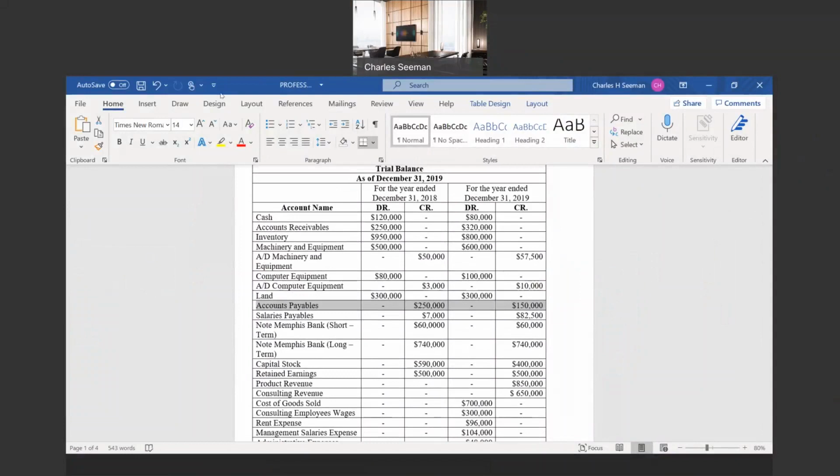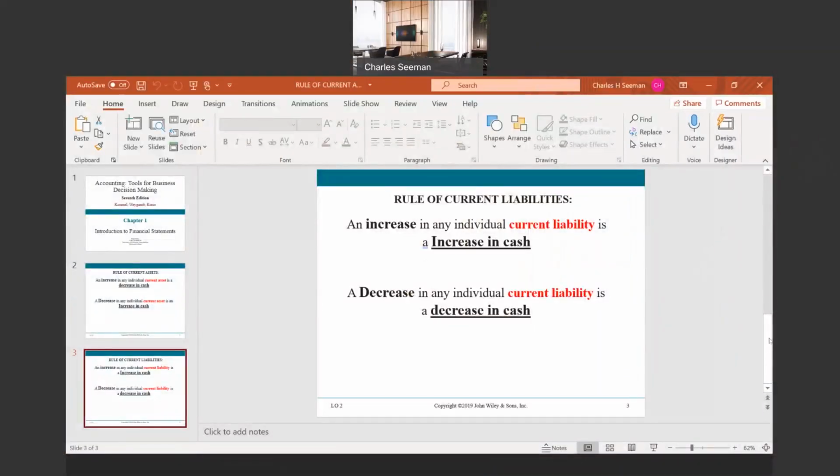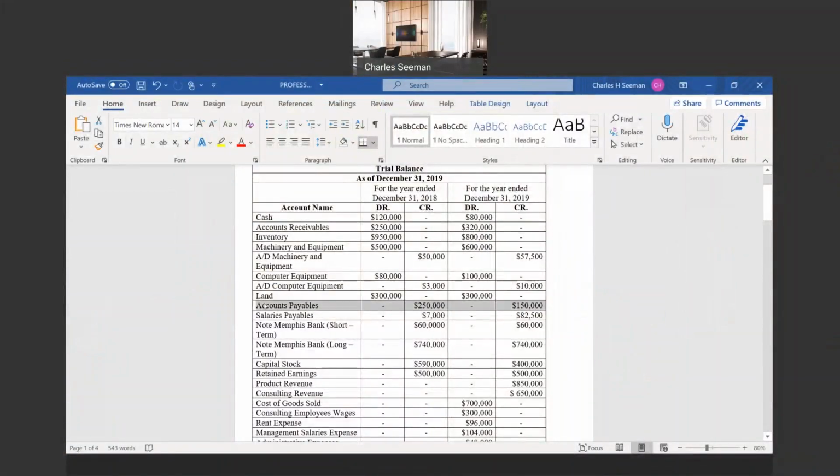What does our rule say? A decrease in any individual current liability is a decrease in cash. So cash decreased because accounts payable decreased. It went down $100,000.